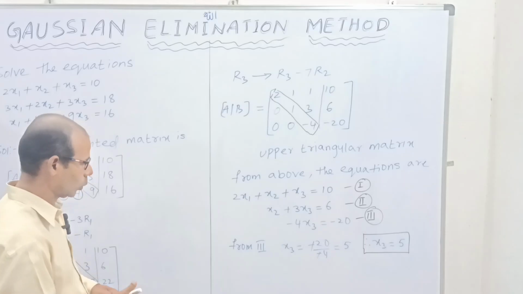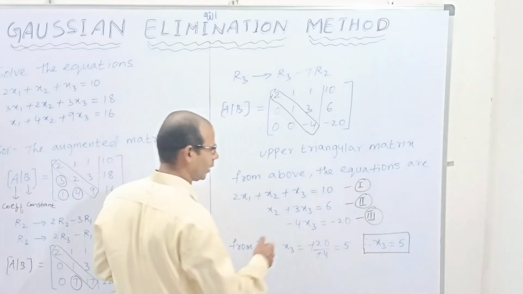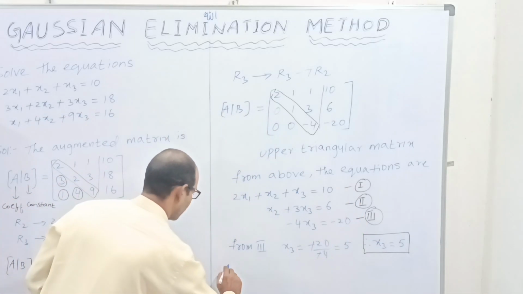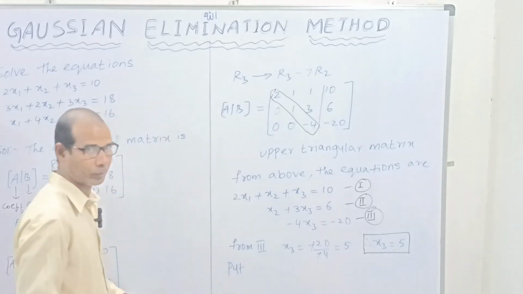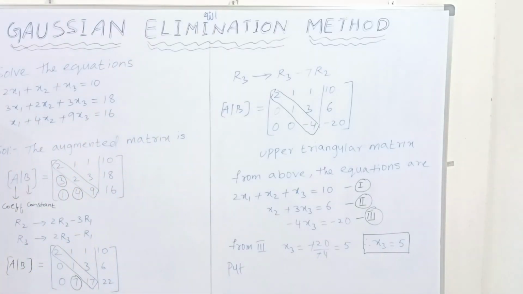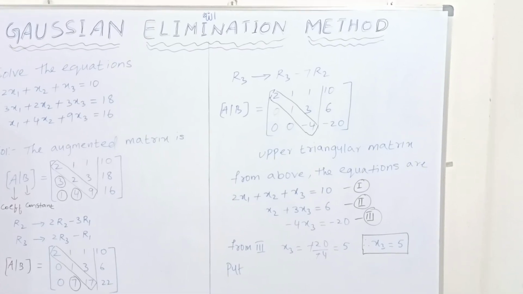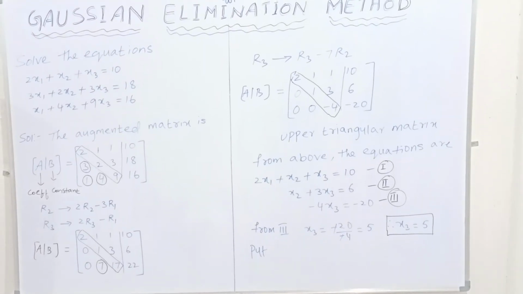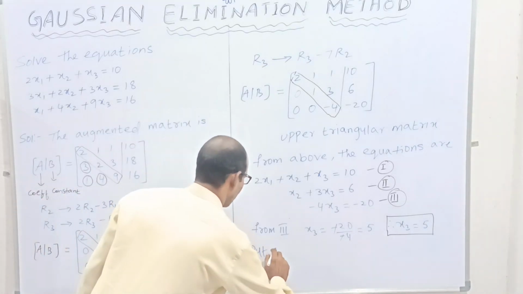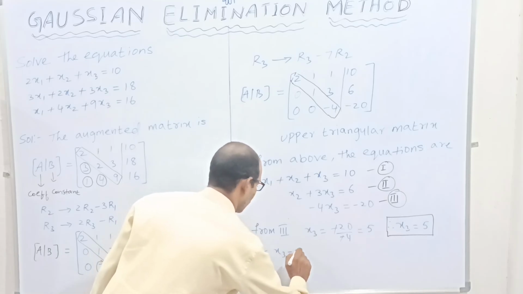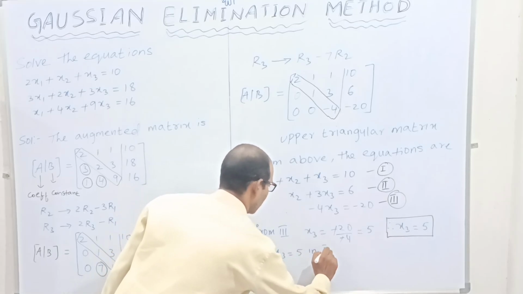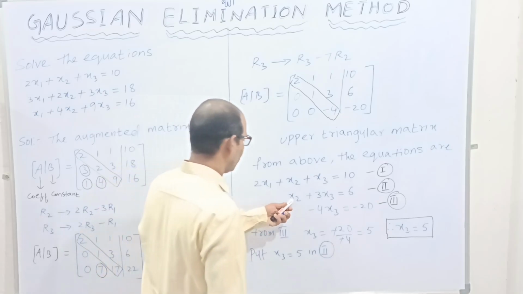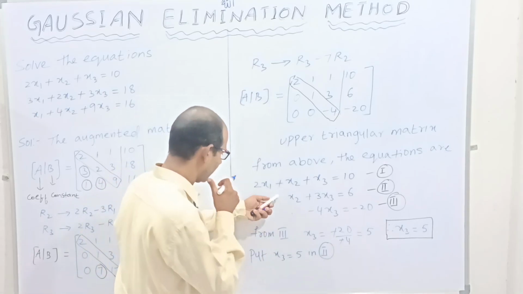Now we will put x3 equals 5 in the second equation.